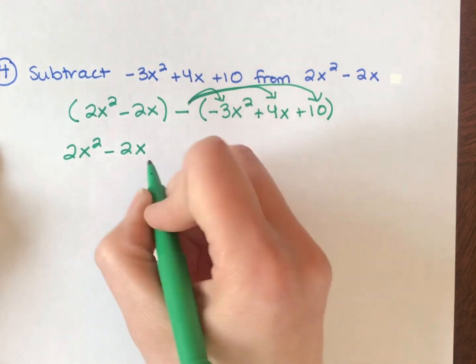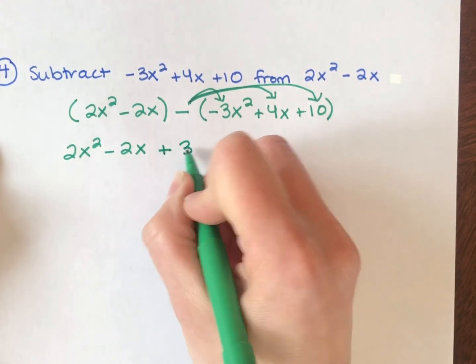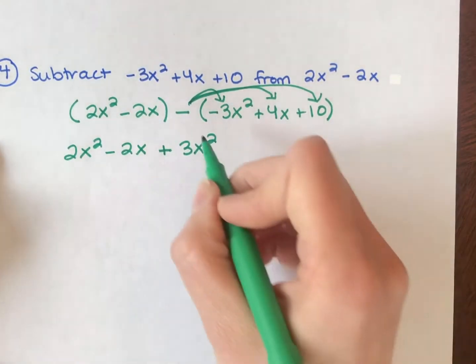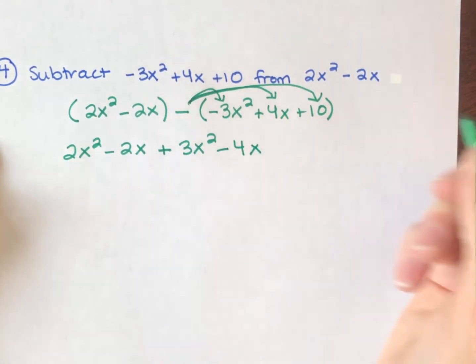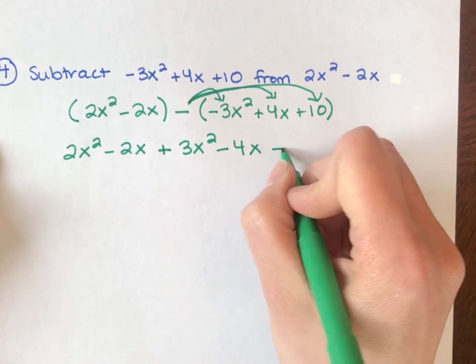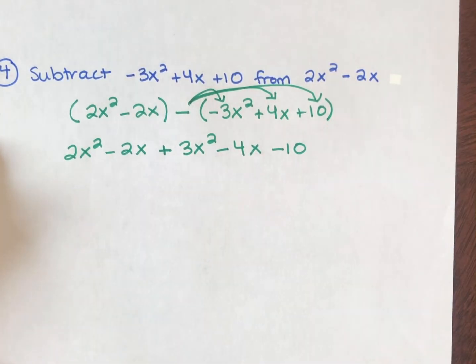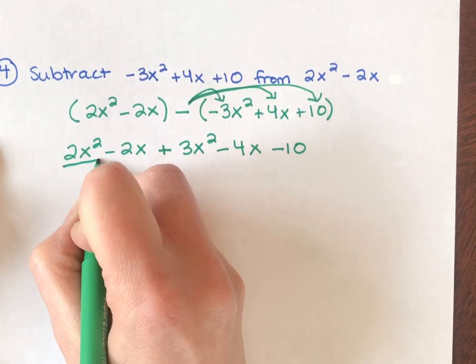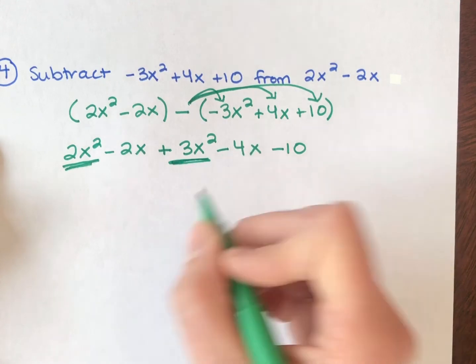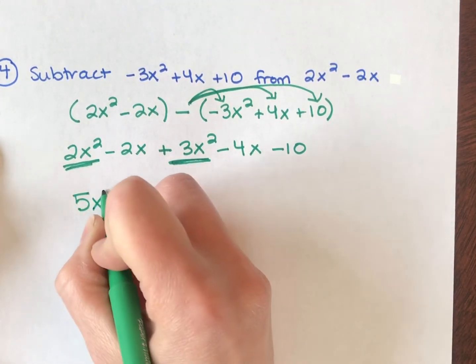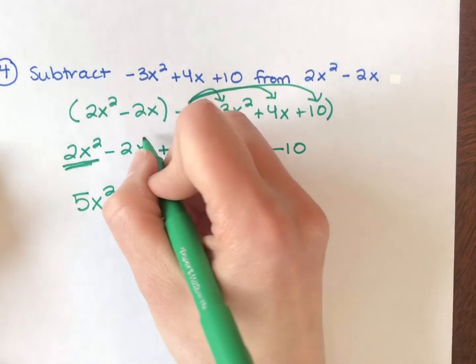Negative times negative 3x to the second becomes a positive 3x to the second. Negative times positive 4x becomes a negative 4x. Negative times 10 becomes a negative 10. Now I'm going to combine like terms. I have a positive 2x to the second and a positive 3x to the second. It becomes a positive 5x to the second.